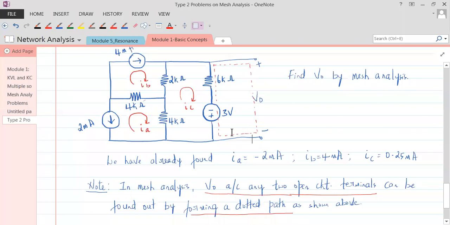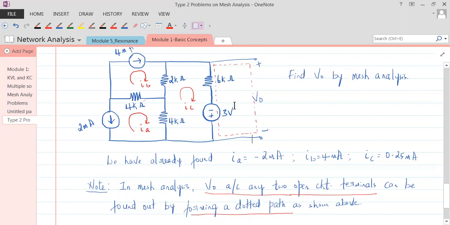You're saying this is loop, right? Listen to me. What is a mesh and a loop? Before being a mesh or a loop, there should be closed paths. Okay. And the question is, do you think this dotted path that I have formed is a closed path? No, sir. Sushmita, is this a closed path? No, sir.